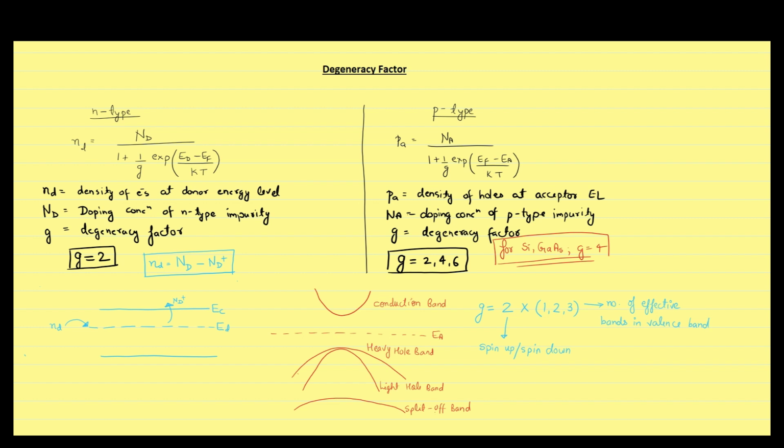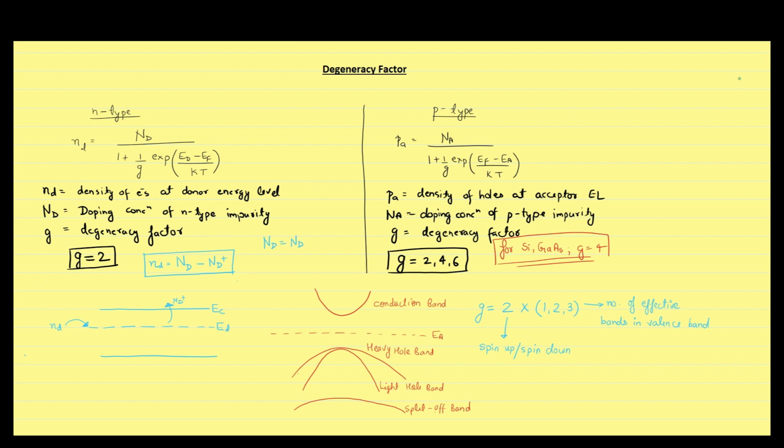Now, if there is doping concentration Nd, then obviously there are two possibilities. All the impurity atoms are initially present at this energy level. Now, if they have absorbed sufficient energy, then they will go up to the conduction band, and the concentration of impurity atoms which have absorbed sufficient energy is Nd plus, and the number of impurities which are still present at the donor energy level is nd.